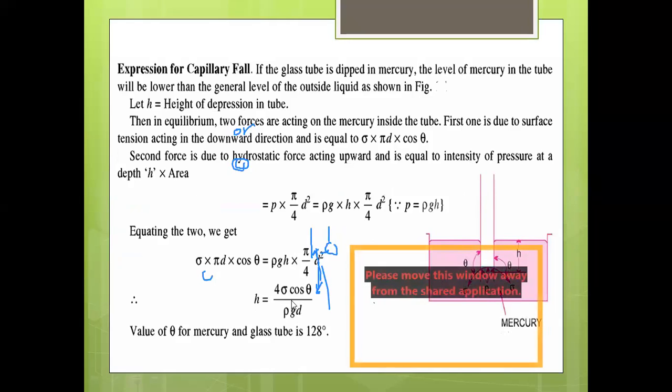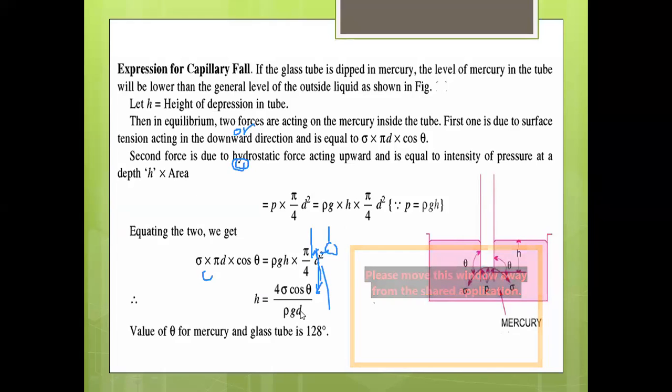Rho g is nothing but the weight density, and it also depends upon the diameter of the glass tube. So H is directly proportional to the surface tension sigma, and inversely proportional to the specific weight of the fluid and the diameter of the tube.